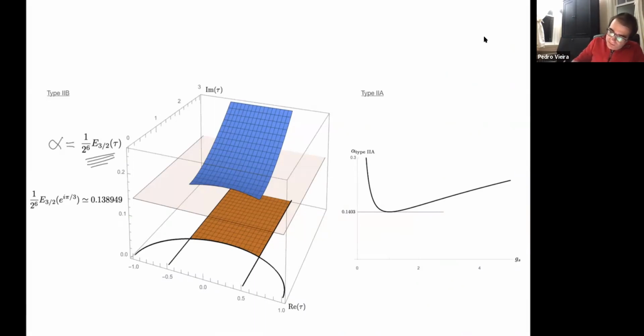And you can see easily that this function is bounded. The smallest it can be is 0.138 or 139. And in type 2a, it's also known, and the smallest it can be is 0.1403. They are remarkably close, but this is just a coincidence, it seems.